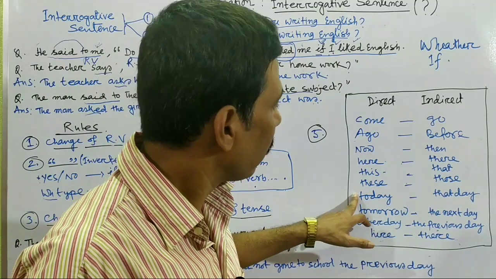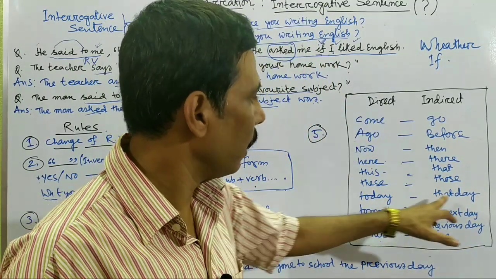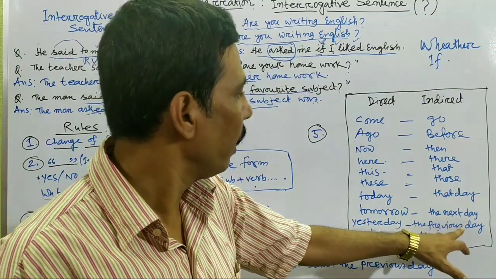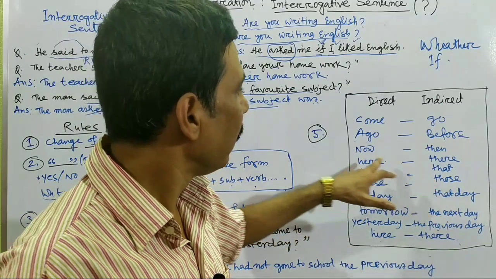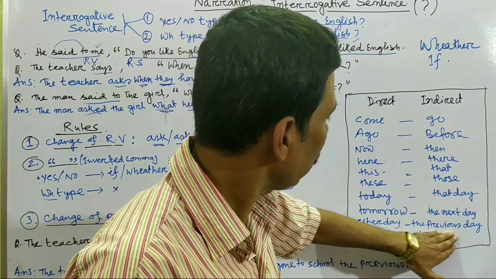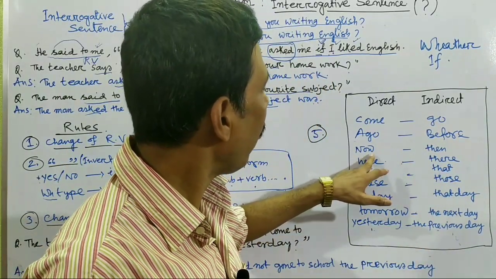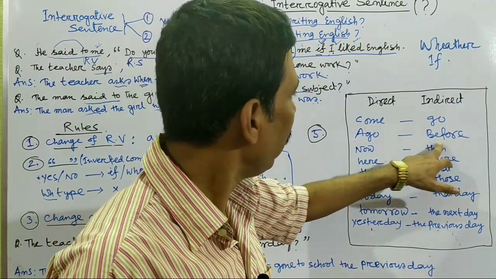Next, today changes into that day. If you find today in the direct speech, it changes into that day. Tomorrow, the next day. Yesterday, the previous day. These changes into those, this into that, here into there. Now, if you find now, it will be changed to then. Ago, before.